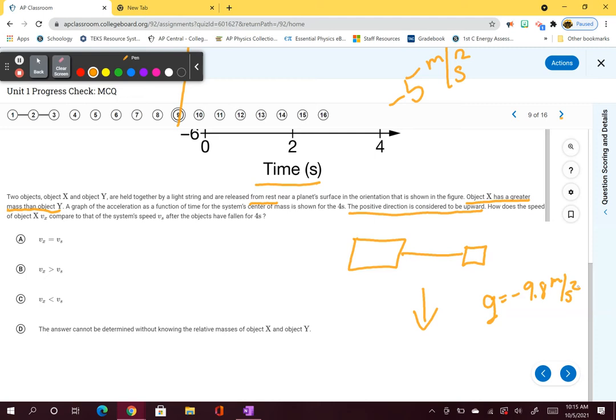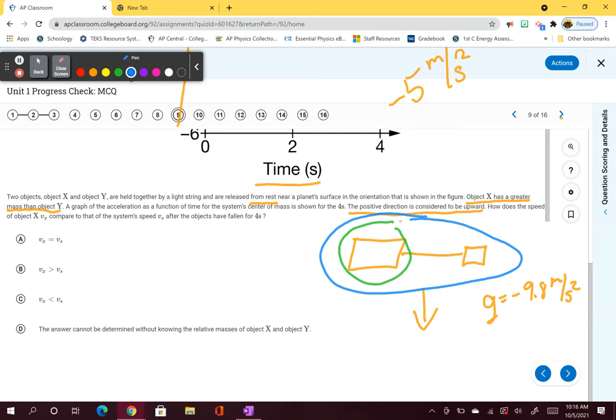At least they should have come out to be all about the same. So it doesn't matter if you're focusing on one object or on a whole entire system. They're going to fall at the same rate.